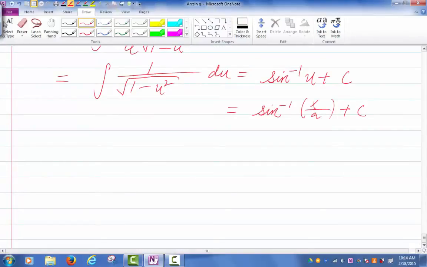Is that okay? Because in front of x squared, you have something positive minus x squared. So whatever the positive number is, you can write it as a squared, where a is positive, right? So if it is 4, it's 2 squared. If it is 16, it is 4 squared, and so on. Okay, so this is sine inverse of x over a.